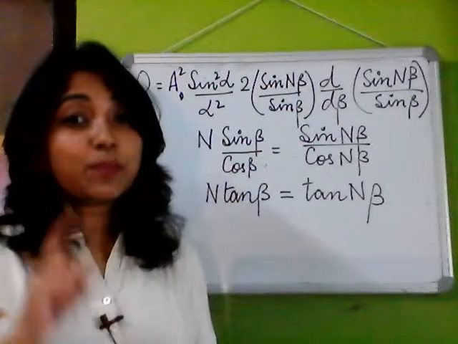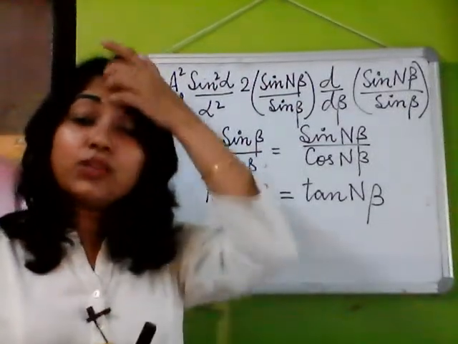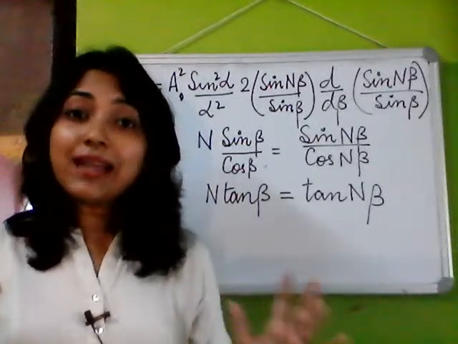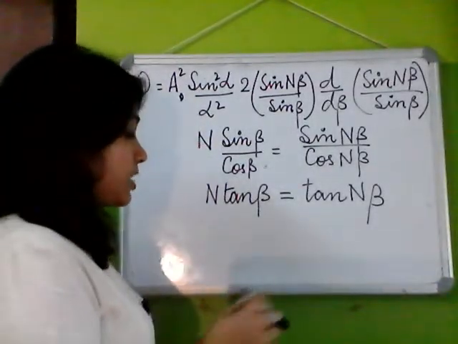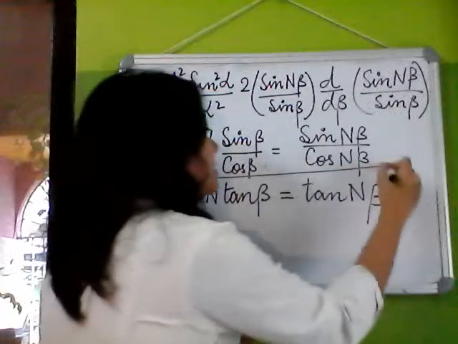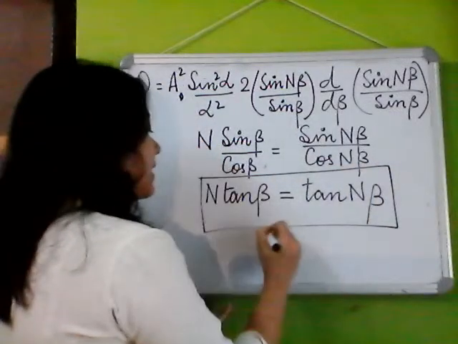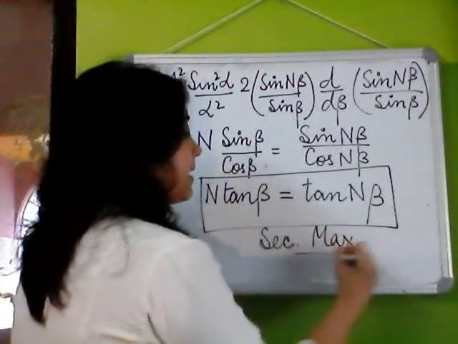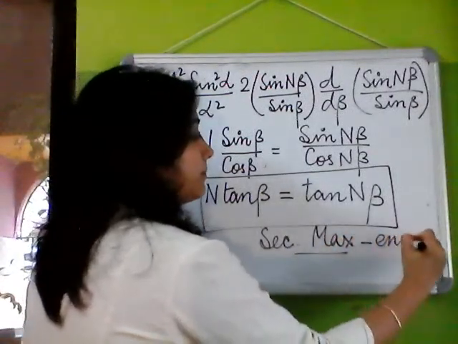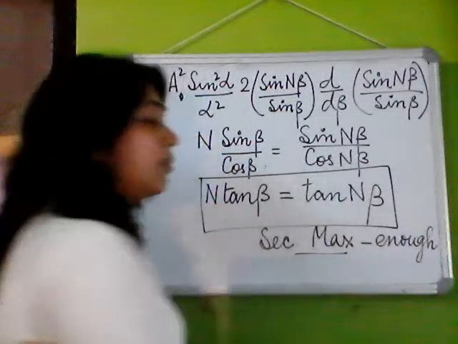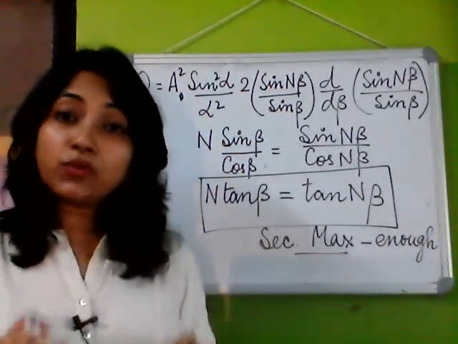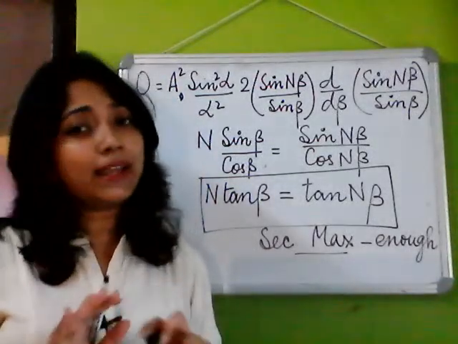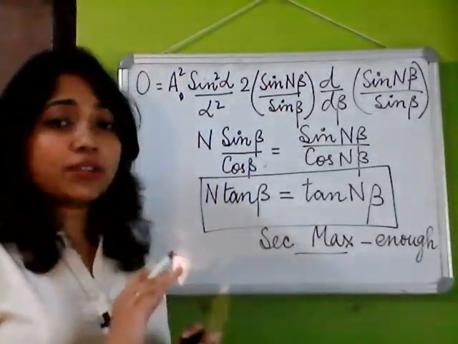So students, please remember, what am I asking you to do and what am I asking you to not do? You can write down this particular equation as the condition for secondary maximas. This is enough. I am not asking you to find out the individual values of beta explicitly by plotting or by doing any kind of calculation.